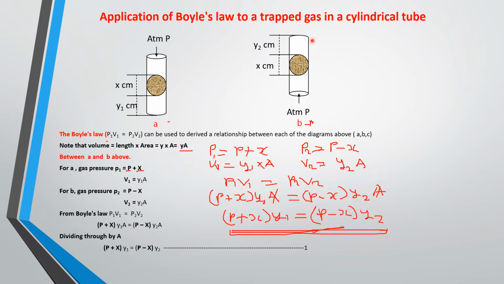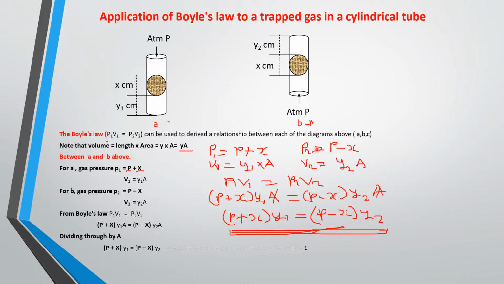We have said that when the tube is inverted, the pressure on the gas equals atmospheric pressure minus the pressure due to the length of the mercury column. And when the tube is standing upright with the closed end at the bottom, it is the atmospheric pressure plus the length of the mercury column. So that gives you P1, and then your V1 is the volume due to the length of this gas.